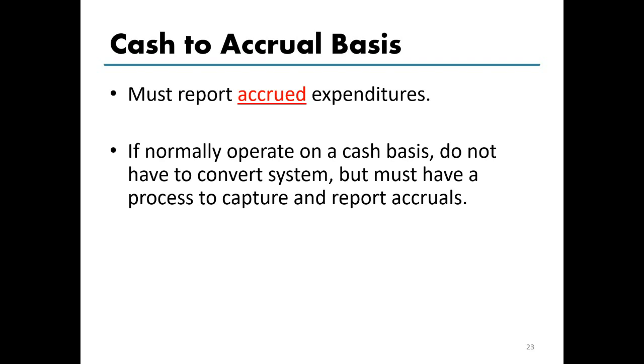But you just have to have a methodology by which to estimate those accruals so that they can be added to the monthly activities. We have a similar methodology, since we have a cash-based system, by which we recognize state-level accruals. We accumulate that information along with the information that you report to us to certify to the federal awarding agency an accrued expenditure and obligation total for the state.